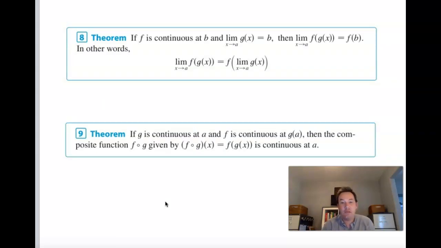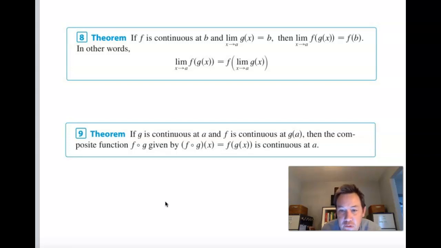All right, so a couple theorems. If you have a function f continuous at b, and the limit as x approaches a of g of x equals b, then the limit of f of g of x is equal to f of b. And also, if you have a composition of functions, the limit as x approaches a for f of g of x is f of the limit as x approaches a of g of x.